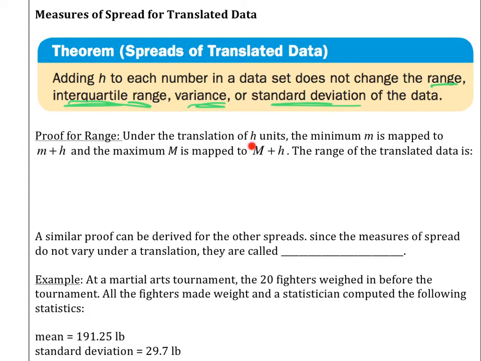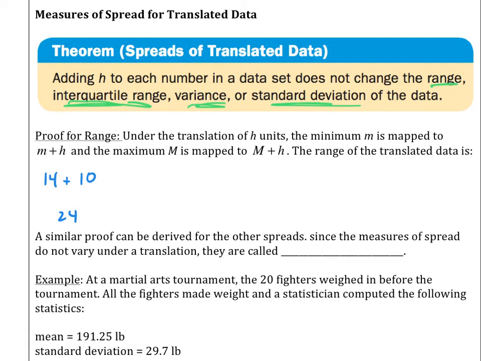So under the translation of h units, the minimum m is mapped to m plus h, right? Because if the original minimum was 14 and then we add 10 to it, our new data is here. This is just an example. So the max is also shifted up as well.